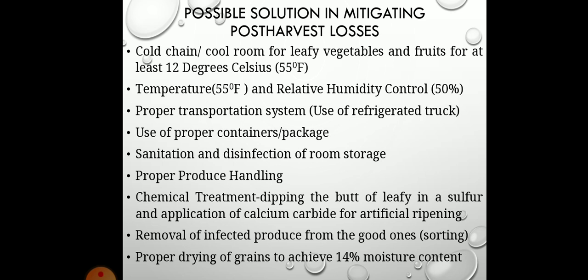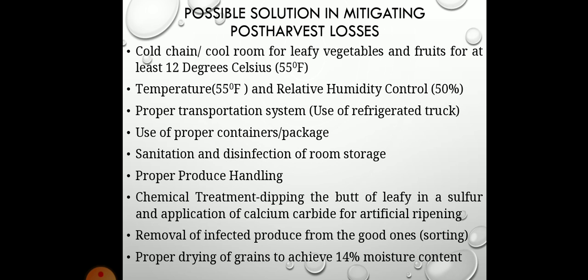So how can a post-harvest practitioner do that? He or she must establish a cold chain or a cold room in order for the farmer to store leafy vegetables and fruits at that given temperature and relative humidity.